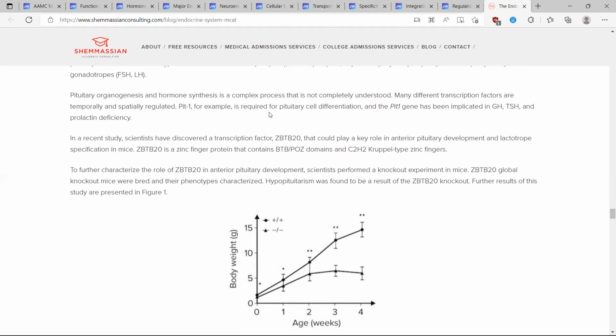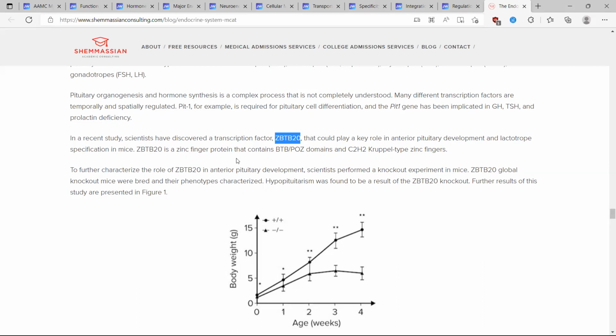PIT1, for example, is required for pituitary cell differentiation, and the PIT1 gene has been implicated in GH, TSH, and prolactin deficiency. In a recent study, scientists have discovered a transcription factor, ZBTB20, that could play a key role in anterior pituitary development and lactotrope specification in mice.